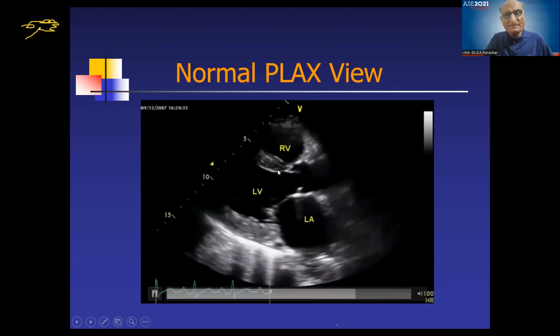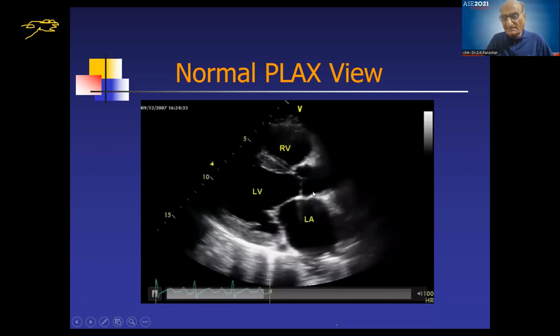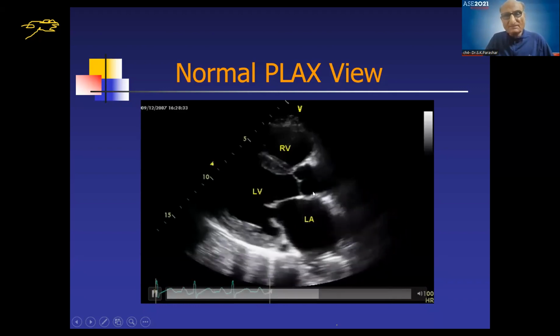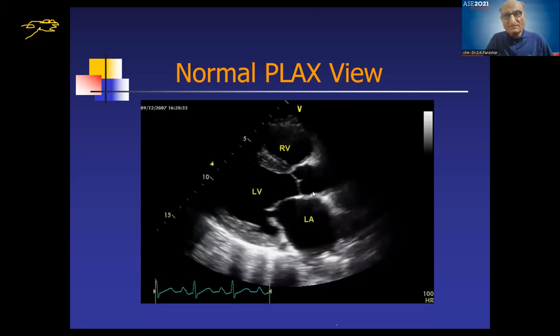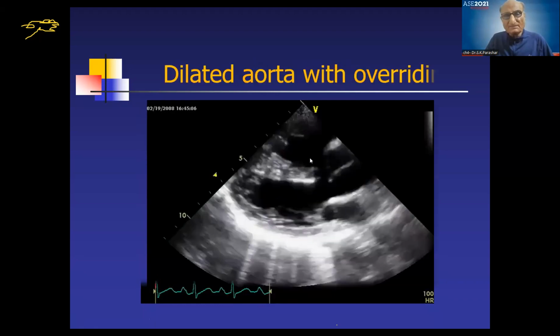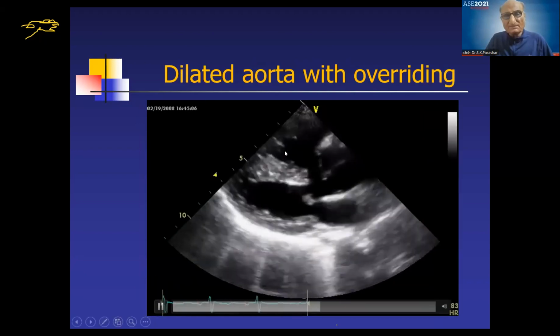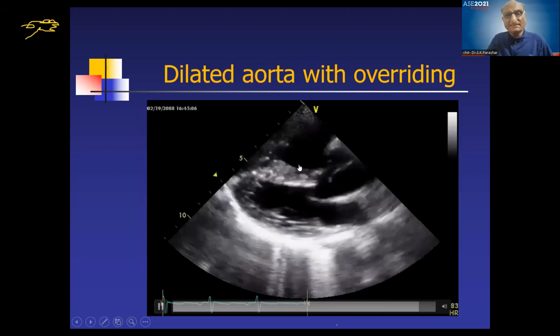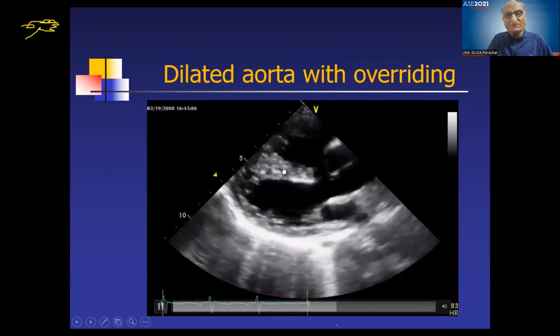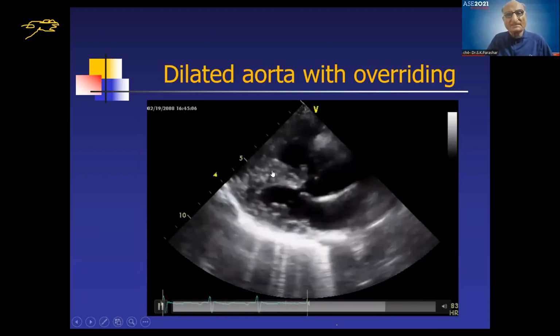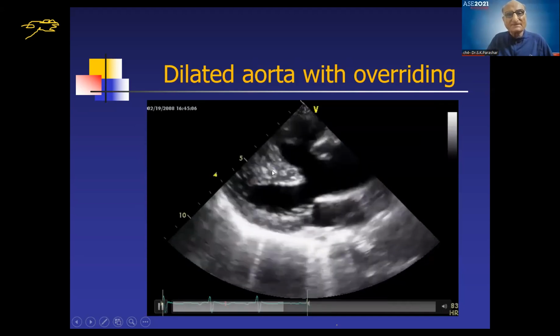So keeping this picture in mind, now here what do you see? This is the chamber. This is an aorta which is overriding the septum. As compared to this, here you see the anterior wall of the aorta is in continuation with the interventricular septum.